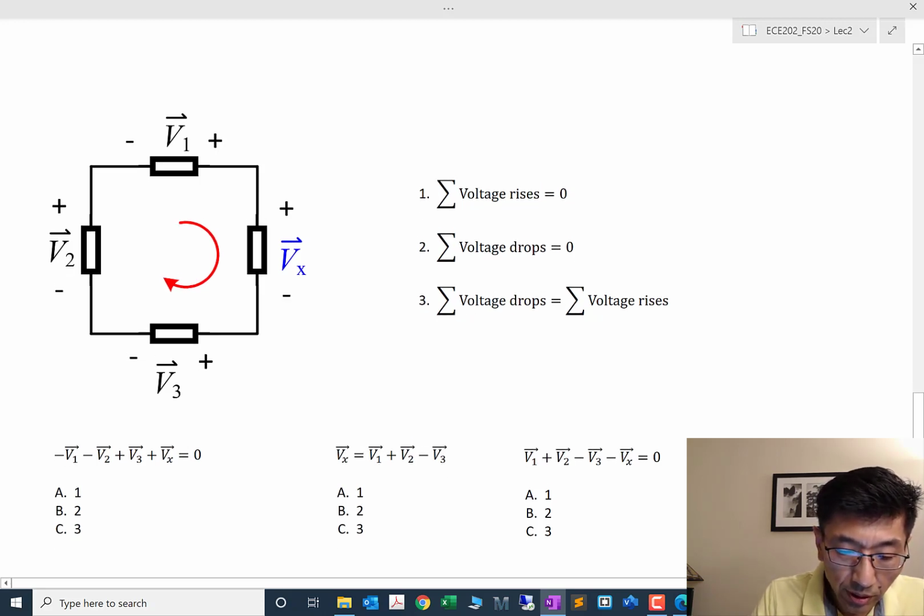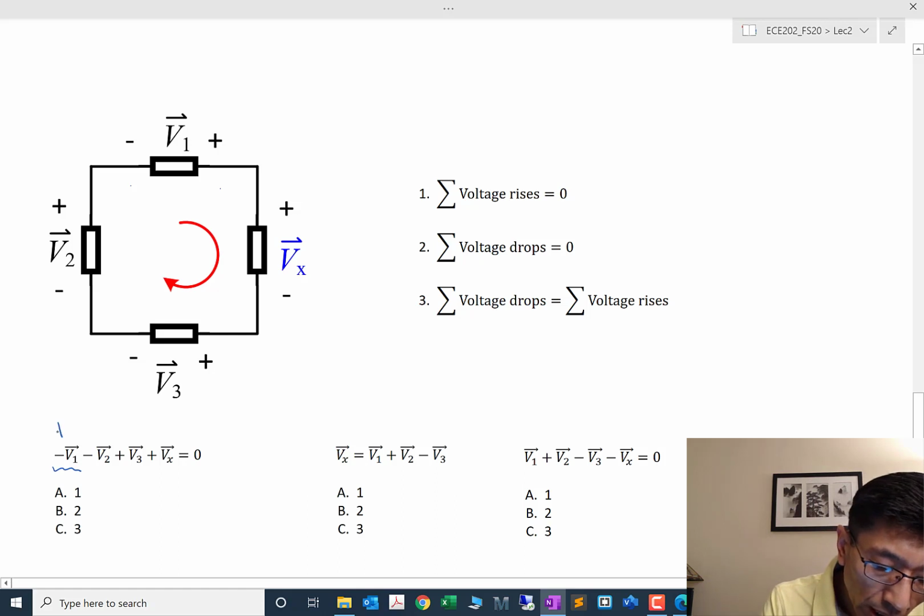The first equation here is negative V1. I already labeled the direction here, this clockwise direction. That means I'm counting the voltage rise or voltage drop from negative to plus for V1. From negative to plus, the voltage rise is V1, so the voltage drop following the direction is negative V1. This is a drop, right?